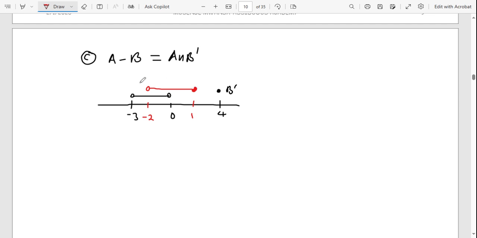That's the set A. So these sets are intersecting here. Therefore, A minus B is just from -2 to 0. And both of them will be open because -2 is not part of the set A, and 0 is not part of the set B complement because it was also open. Is that okay, guys?